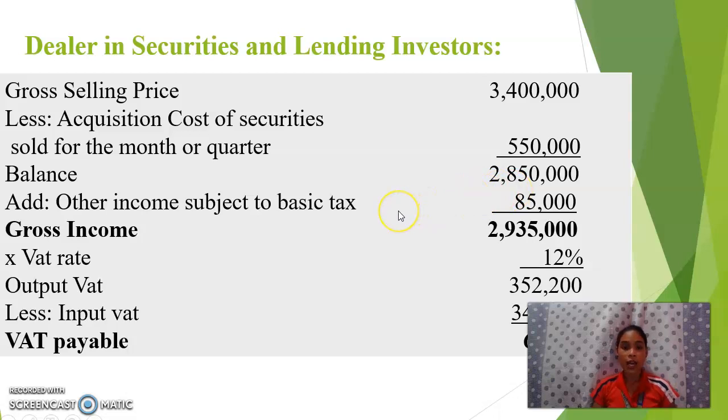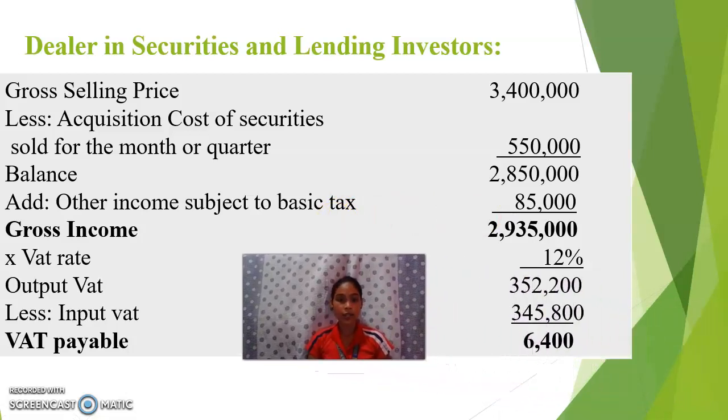So the balance is 2,850,000. Add your other income, which is the income that is subjected to basic tax. So your other income amounted to 85,000. So your gross income would be 2,935,000. And then times the VAT rate, which is 12%.